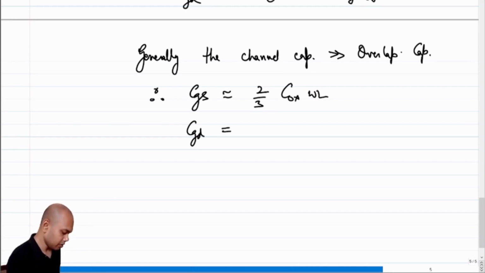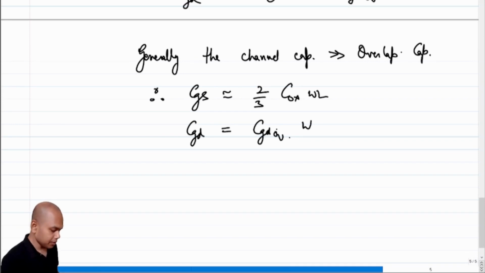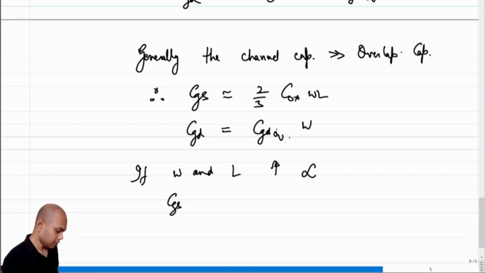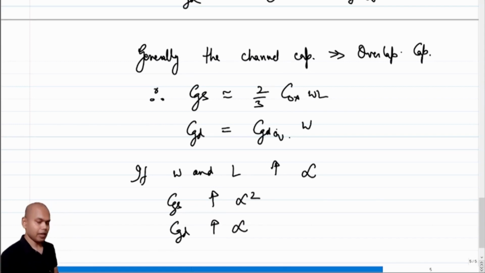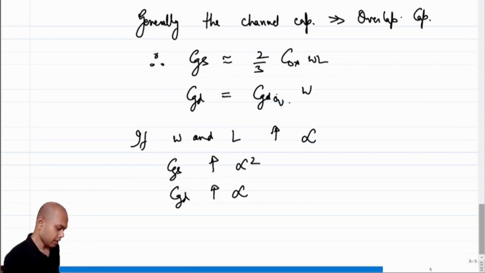So this remains CGD overlap times W, which essentially means that if W and L increase by a factor alpha, right, then CGS increases by alpha squared and CGD increases by a factor alpha, right? Okay, fine.